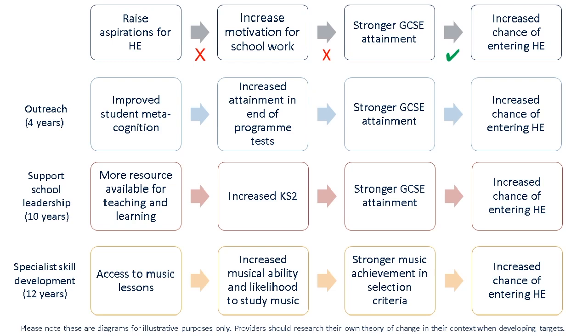In a shorter program, or a program that's been running a long time, we may expect to see targets that are related to outcomes on the right-hand side of the screen. So, for example, around school attainment or access to higher education. If it's a longer-term program or a new program, then you may be looking to include a target based on the shorter or intermediate outcomes that are more on the left-hand side of the screen.